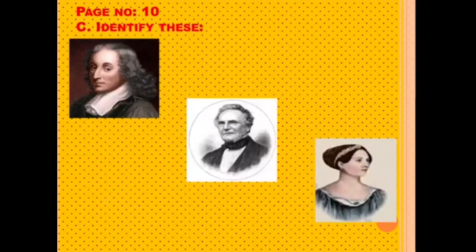The next Roman, identify this. They have shown some pictures, and you have to identify. The first one, who is he? Yes, he is Blaise Pascal. He invented the Pascal line machine. The next one is Charles Babbage. He is the father of computer.